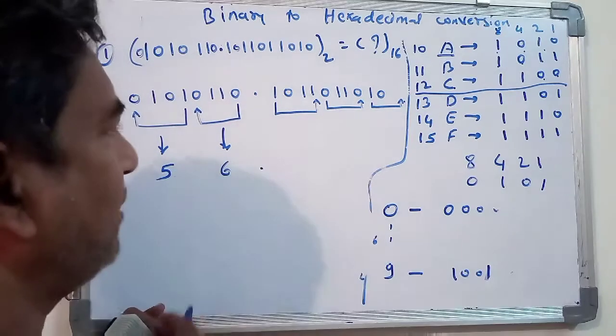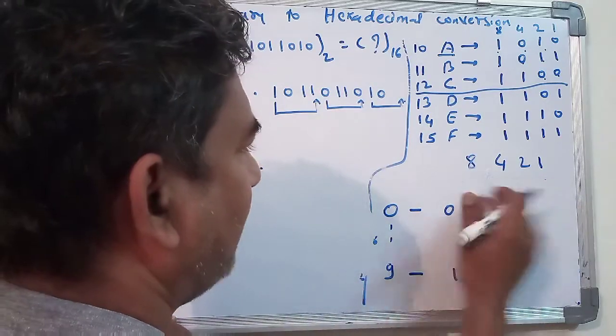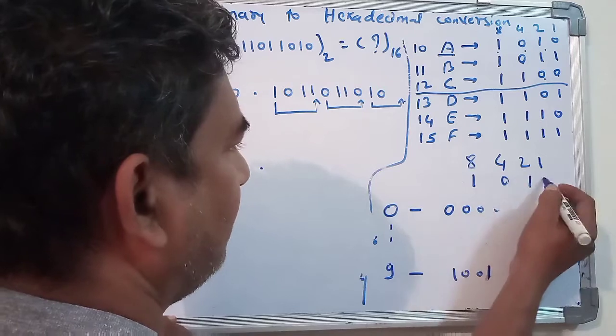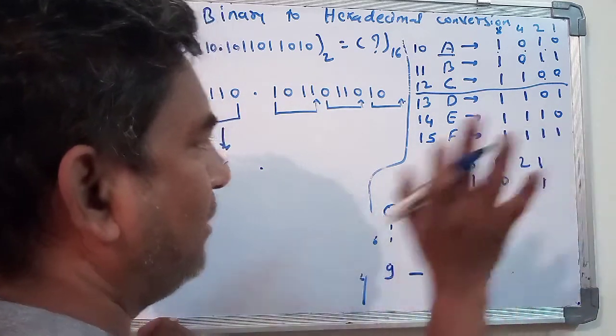Next, here will be the point. Then 1 0 1 1. What will be the addition? 8 plus 2 is 10, 10 plus 1 is 11.